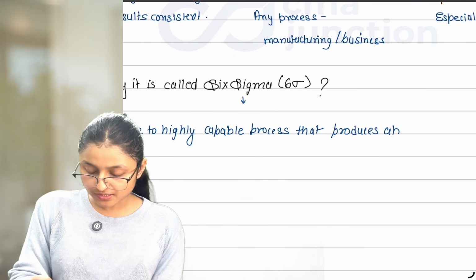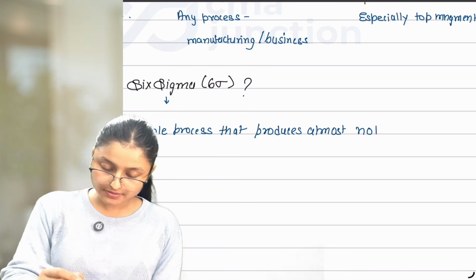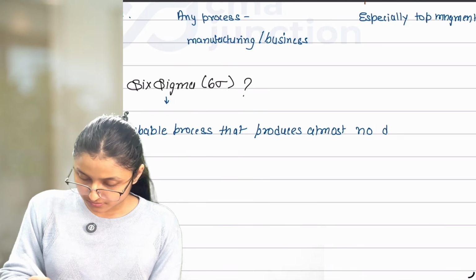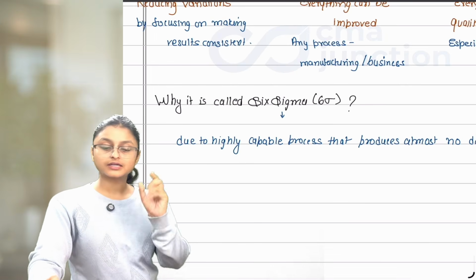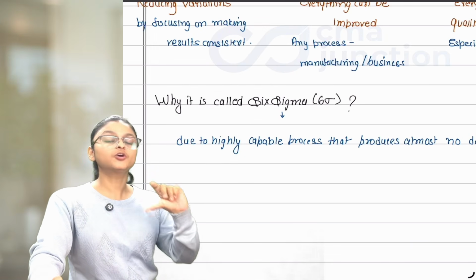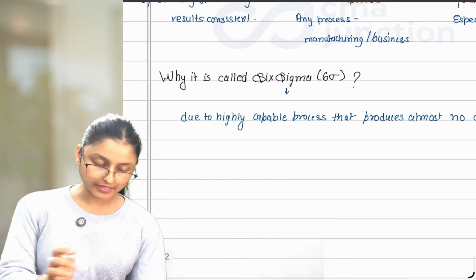So with the help of Six Sigma, we are able to produce almost no defects, and that is why we are calling it Six Sigma. But there is a specific reason why we specifically call it Six Sigma, not 4, 5 or 3. What is the reason behind that?